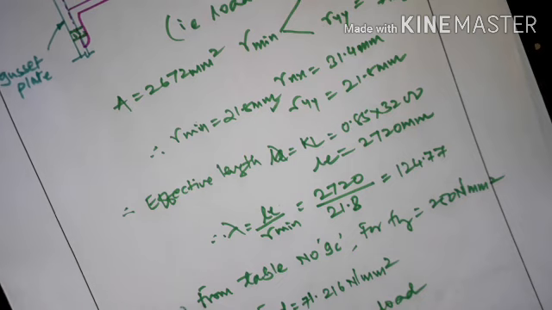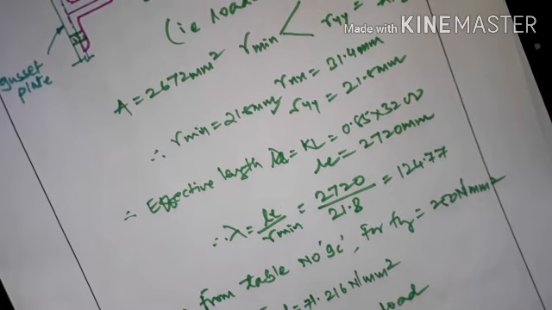Okay, understood? So this is regarding today's session, how to calculate the design compressive load for the two conditions we have discussed. You go through it, and the important thing here is picking the values from the steel table.